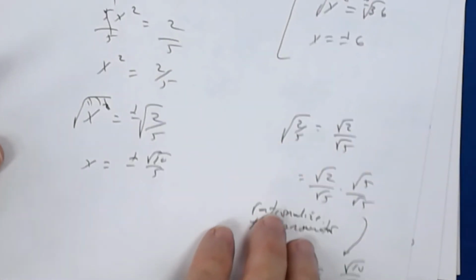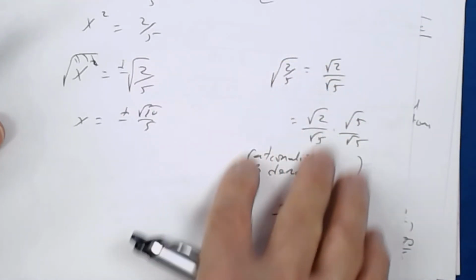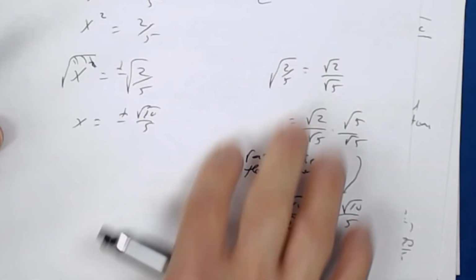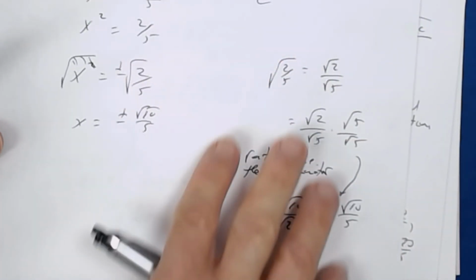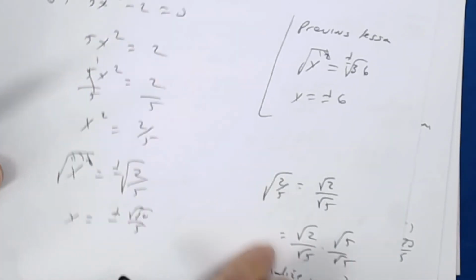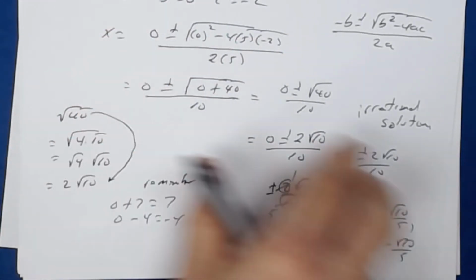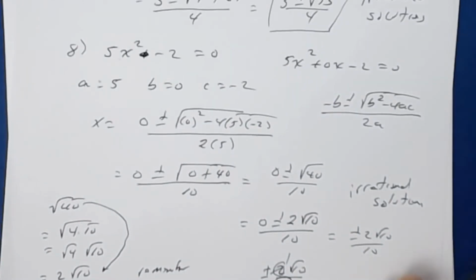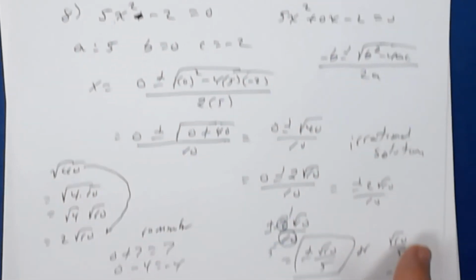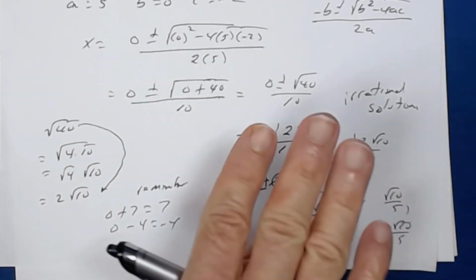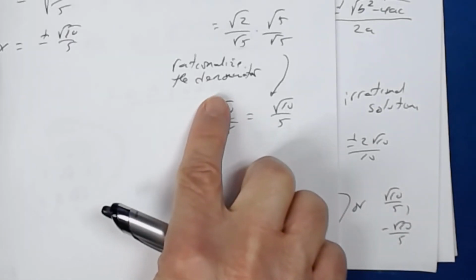The problem was that you forgot all about this from last year, and so you would probably have struggled if you had used the square root property. But notice it's so much easier to just use the quadratic formula, because nowhere in there did I have to rationalize the denominator.